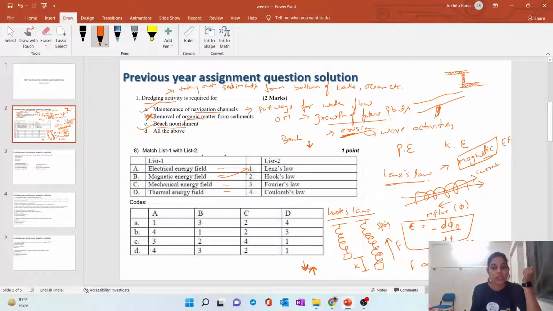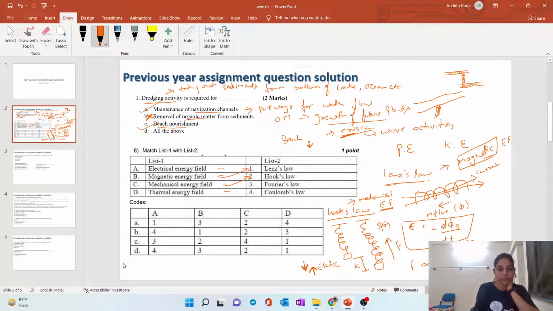It is also about its elasticity. So Hooke's law applies to what? Mechanical energy field. When you mechanically try to deform a geomaterial, it will try to revert back. That is what Hooke's law suggests, and hence it is for the mechanical energy field.